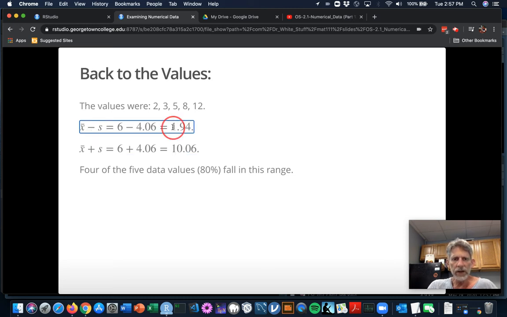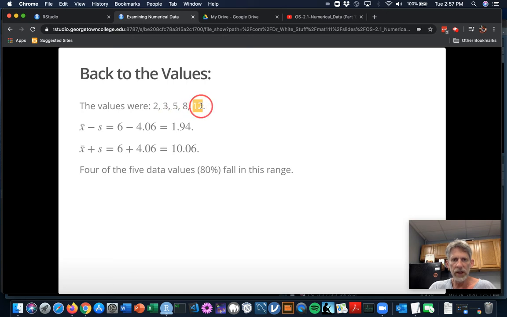And just look at the range here from 1.94 to 10.06 and ask ourselves, how many of the original data fall inside that range? Well, the 2 does, because it's a little bigger than the 1.94. So does the 3, so does the 5, so does the 8.